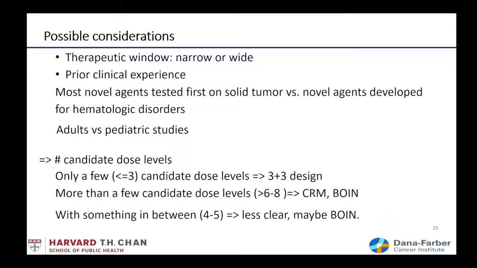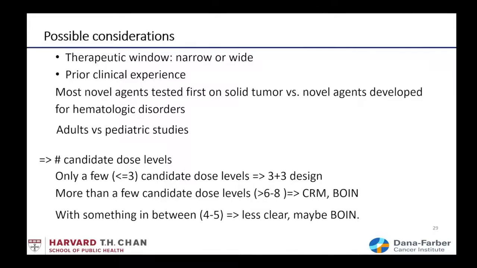If you only have a few, three or less, I would suggest the 3+3 design is still the way to go, because it's perfectly efficient and we know everything about it. And if it's more than a few dose levels, like more than 6 or 8, I think the CRM and the BOIN are the way to go, because of the efficiency in terms of dose escalation.